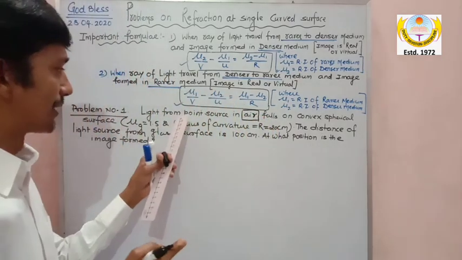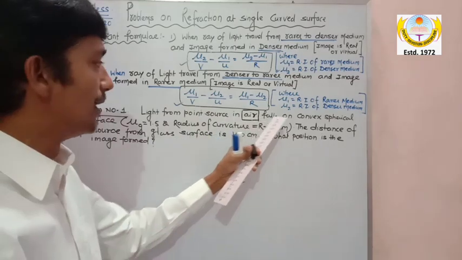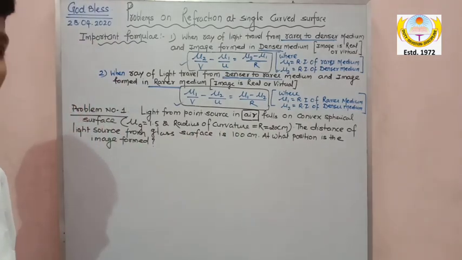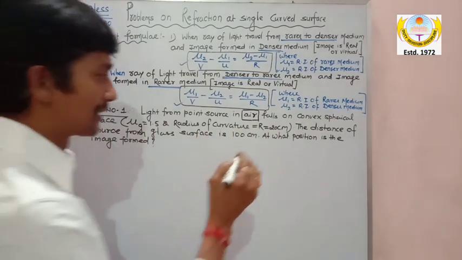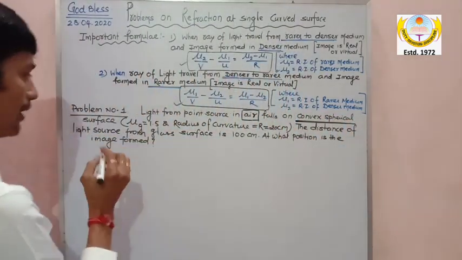Please try to understand. The light from a point source in air, matlab the object is in air, falls on a convex spherical surface. Now my dear, this is a very important word: convex spherical surface.